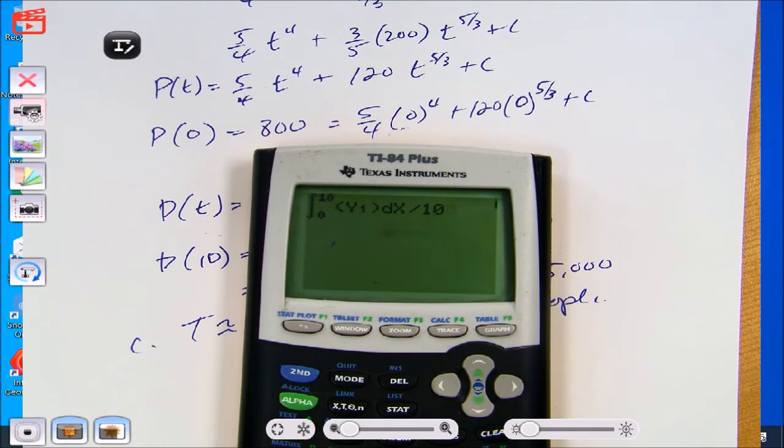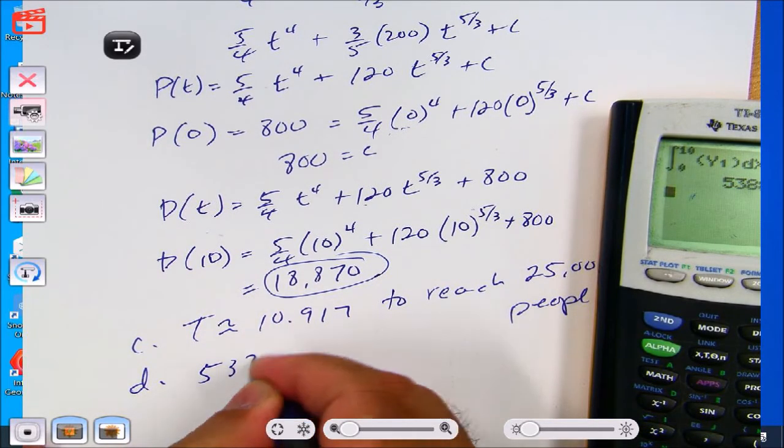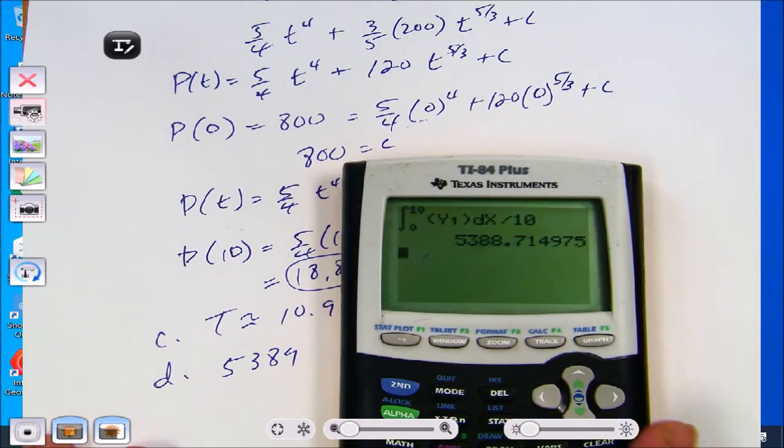Press enter. Takes forever to load. And I get 5,388 or 389. So D, 5,389. Okay, that's the average population over those 10 years.